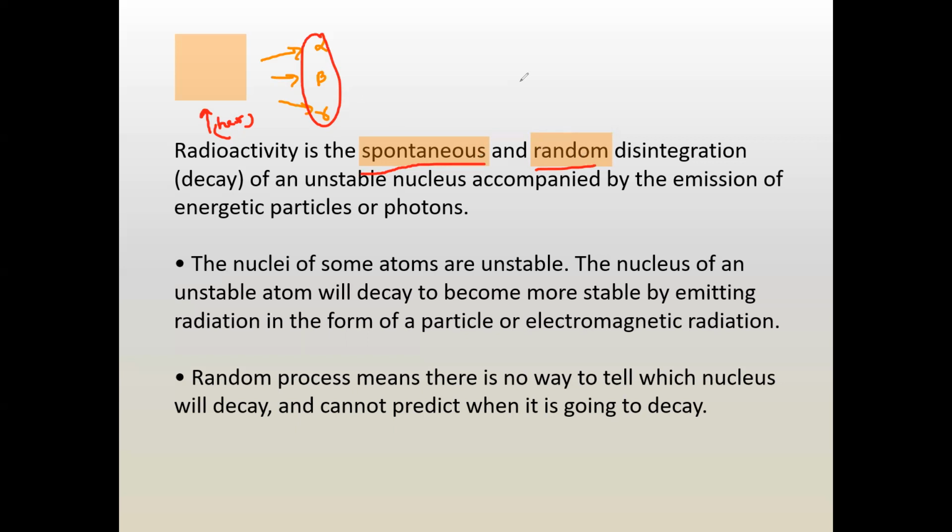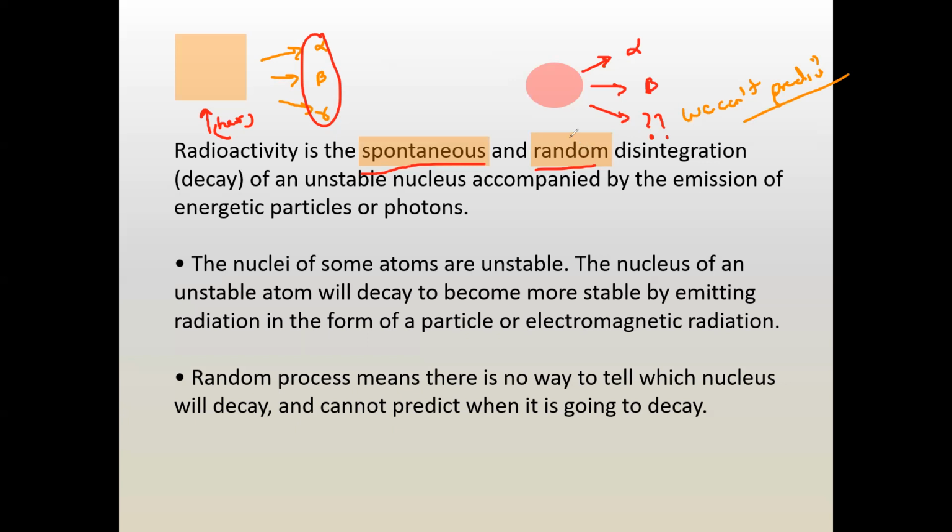And what is the meaning of random? The term random means there is no order. For example, you have a nucleus that first emits alpha, then emits beta. Then what will be the third radiation it will emit? We cannot predict. Why can we not predict? Because this is a random process.